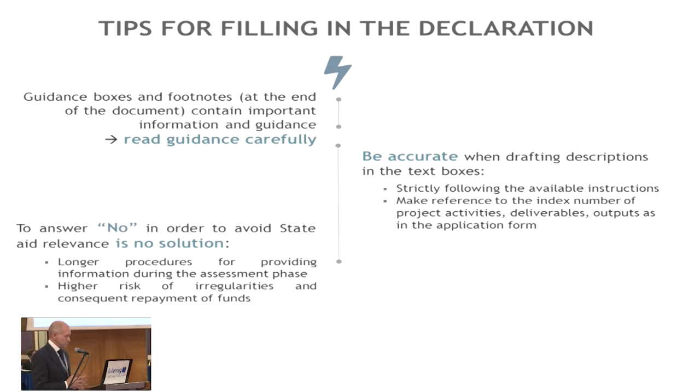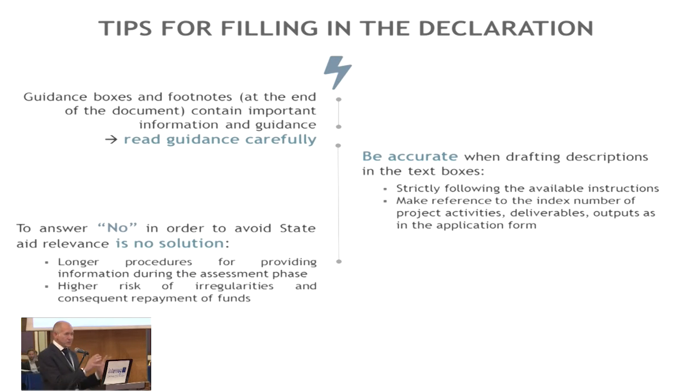This is not true, because first of all, we anyhow assess your proposal, we anyhow assess your involvement as a partner in the project. And even if you consider no, but we think that there is a state aid relevance, we will also, of course, say, okay, there is state aid relevant, even if you didn't detect it. But this would just result in a longer process for getting from you additional information.